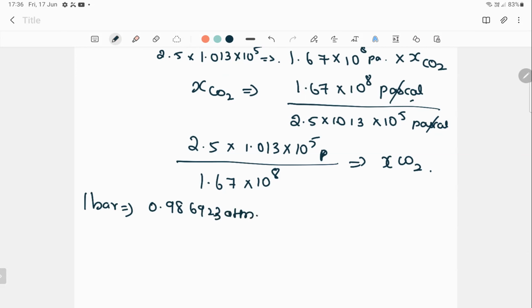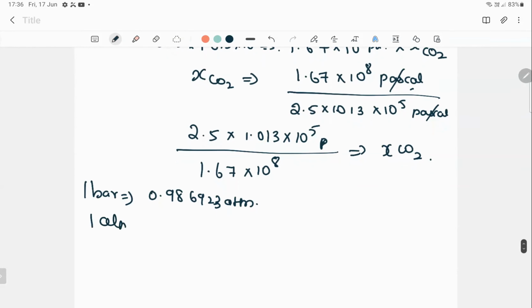Or in physics, there is an equation: pressure is equal to force divided by its unit area. That is directly proportional to its force and inversely proportional to its unit area. Have you studied this? Okay.